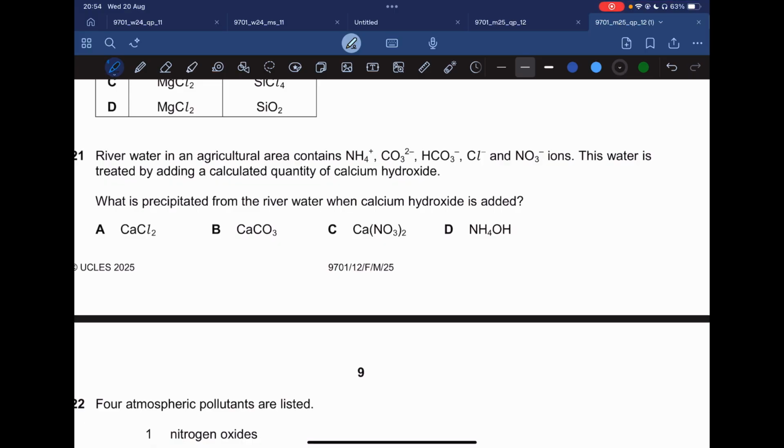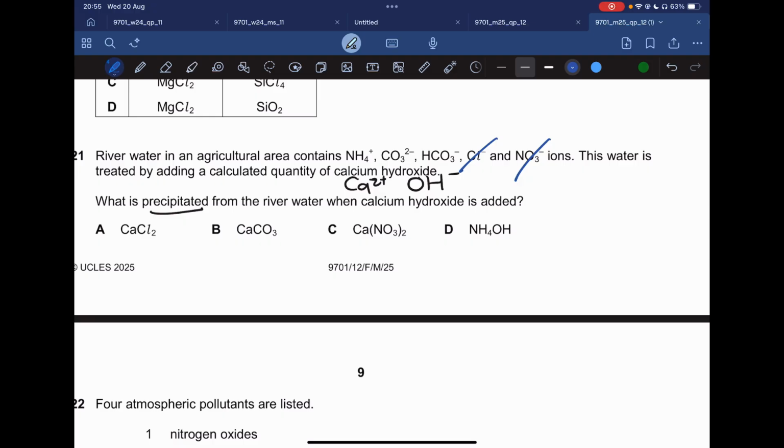Okay, river water in an agricultural area contains all those ions. The water is treated by adding a calculated quantity of calcium hydroxide. What is precipitated when calcium hydroxide is added? So what is precipitated out is what is not soluble. Chloride's always soluble, nitrate's always soluble.